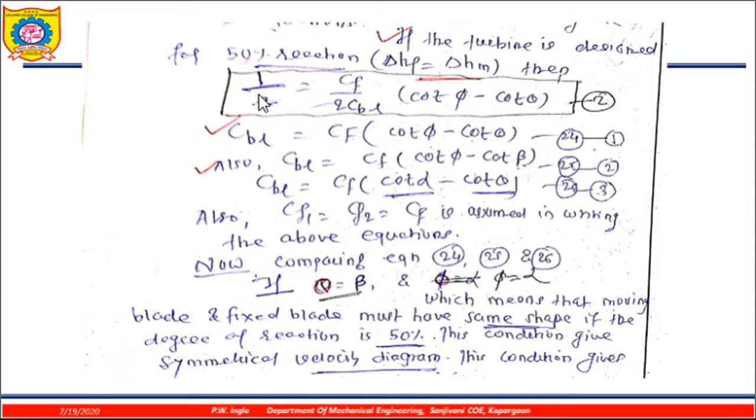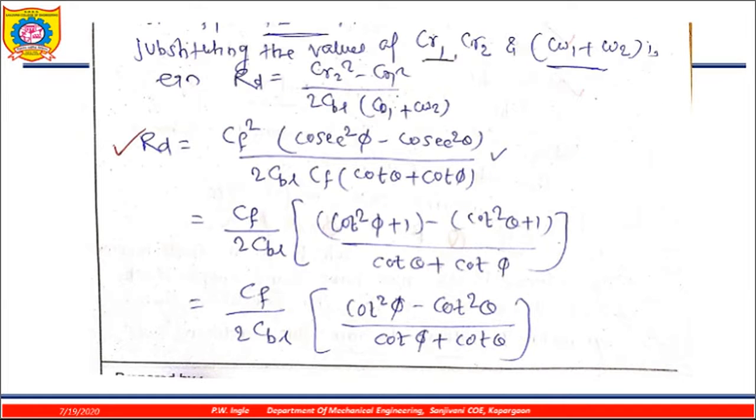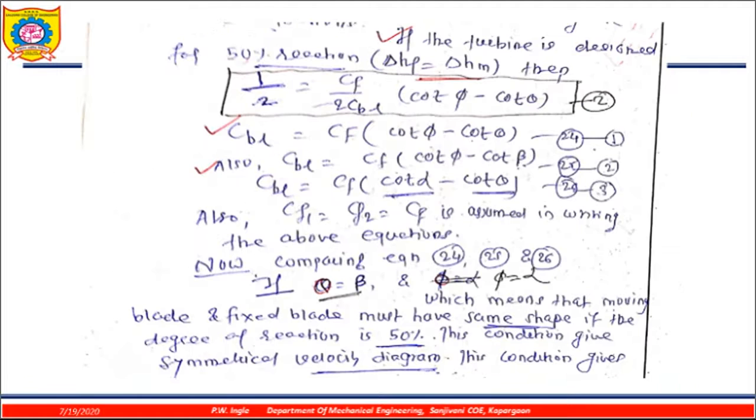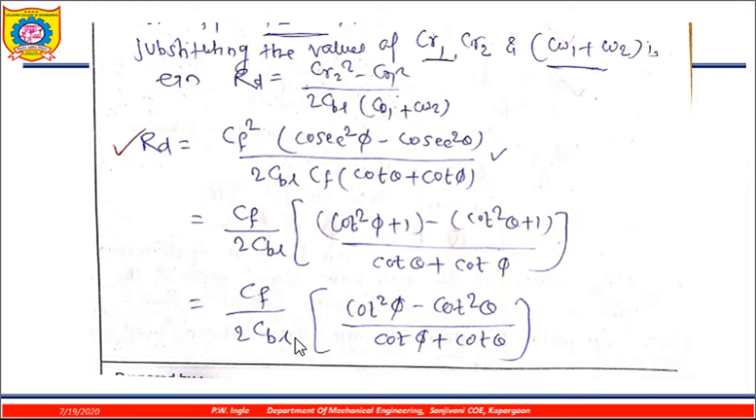So the degree of reaction is 1 by 2 if the turbine is designed for 50% reaction. 50% reaction means Rd equals 0.5.